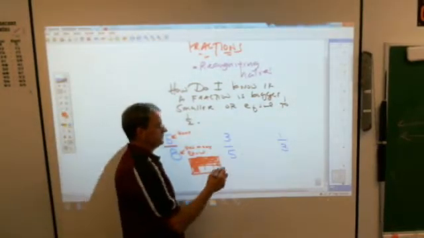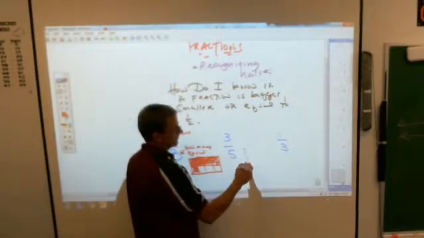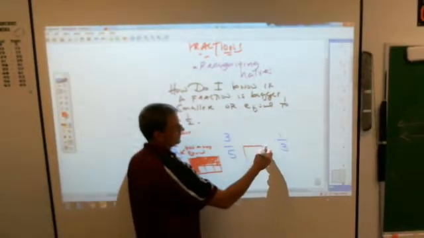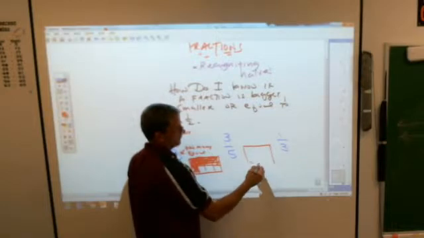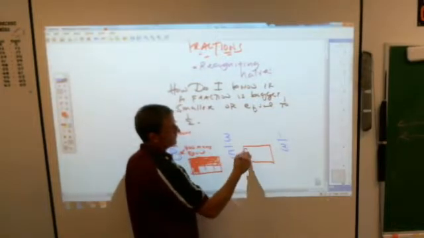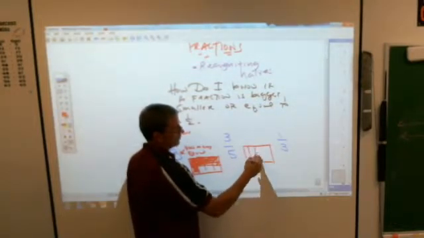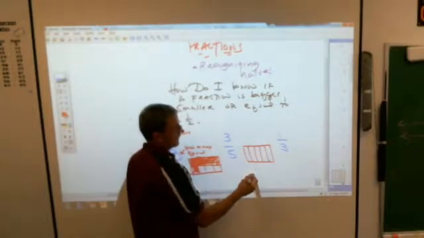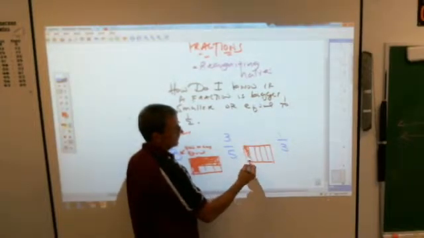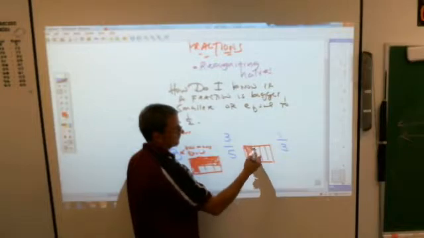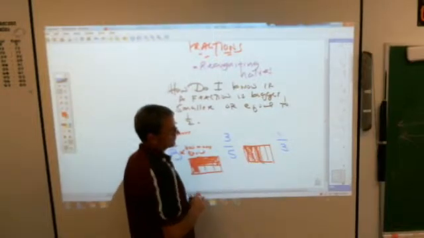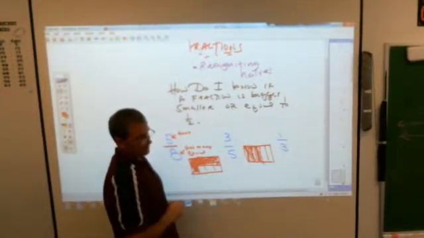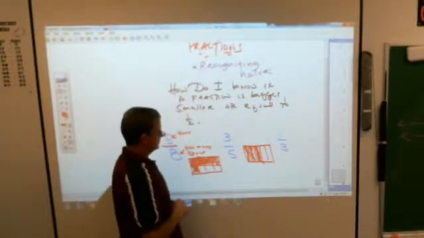What about this one? I probably should have done an even number, but that's okay. If I cut this into 5 equal pieces, 1, 2, 3, 4, 5, and I shade 3 of them, is more shaded or more not shaded?